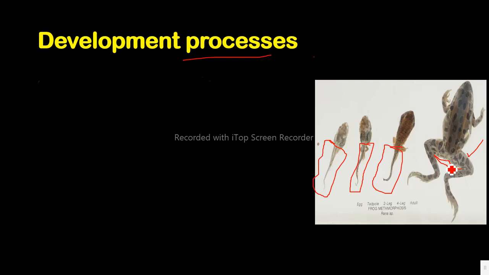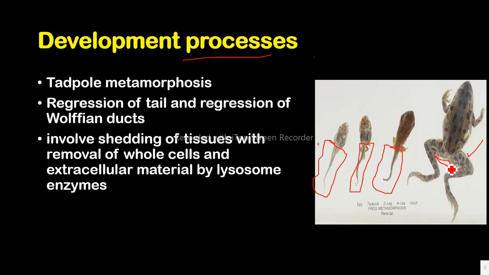And there are these lysosomes that play an important part in the process of losing a tail. When the right stage happens, the cells are going to produce a lot of lysosomes that will digest the cells that attach the tail onto the animal.